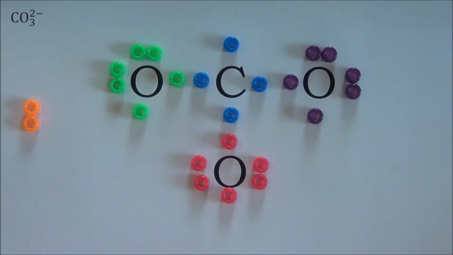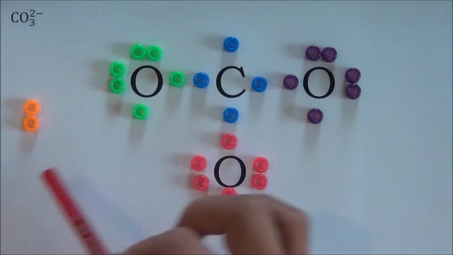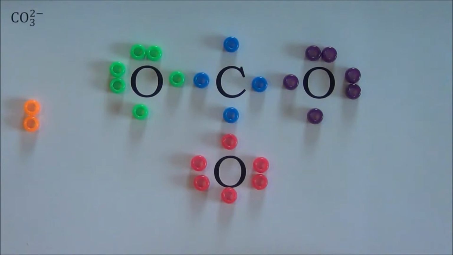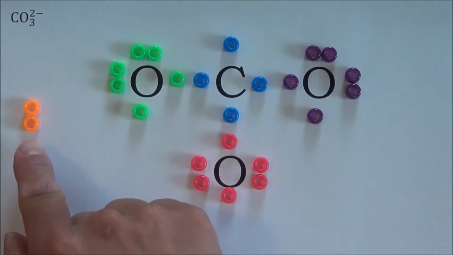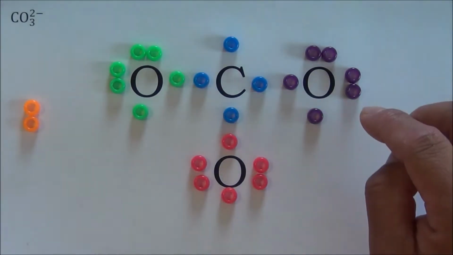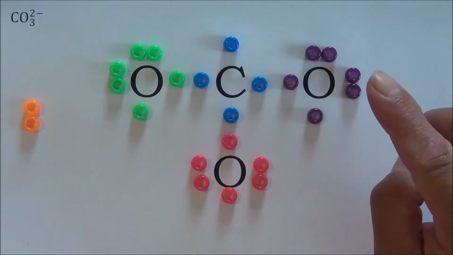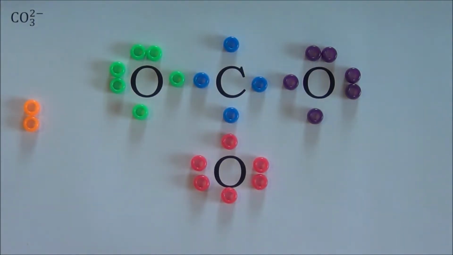You may wonder, Dr. Huang, where do we place these 2 additional electrons? In general, we will place the additional electrons next to the most electronegative atom of the molecule or ion. In this case, it should be the oxygen atom. And when we place the additional electron next to the most electronegative atom, we only add 1 additional electron to each atom.